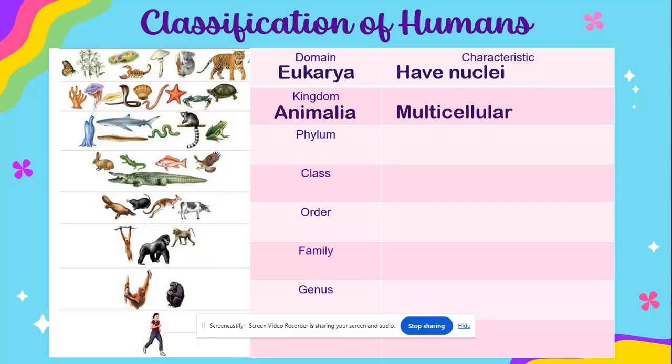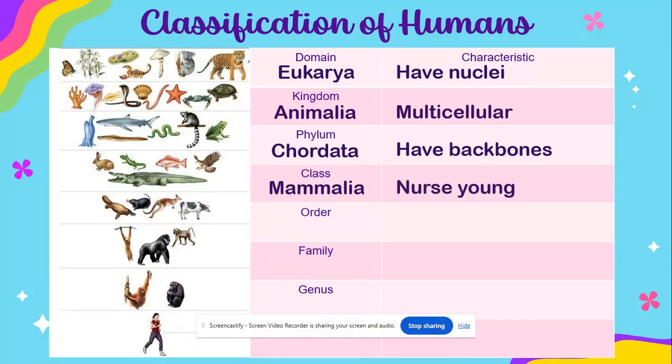That also means that they have to eat other organisms for food. We're in the phylum Chordata, which is all of the animals that have backbones, or all the vertebrate animals. Our class is Mammalia. There's a few characteristics of all the mammals, one being that they nurse their young, also that they're warm-blooded and have fur or hair.